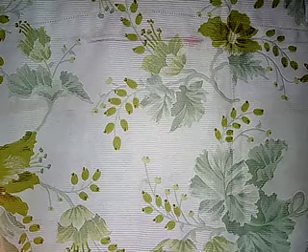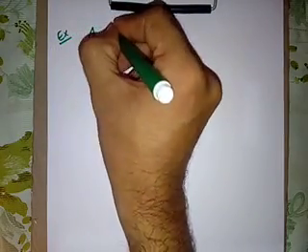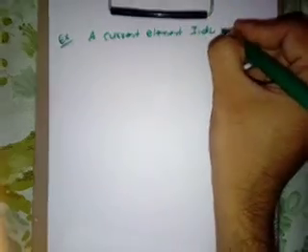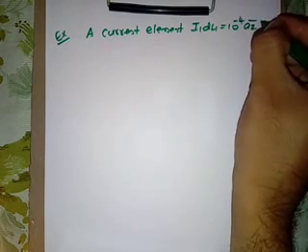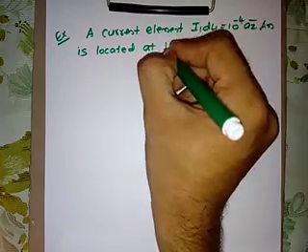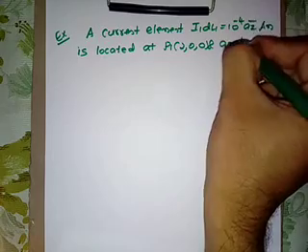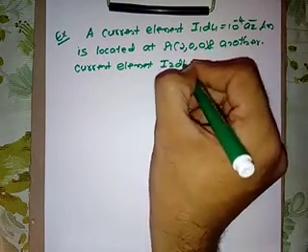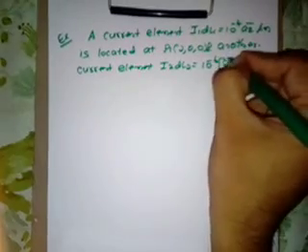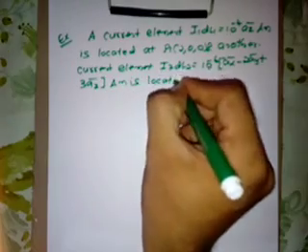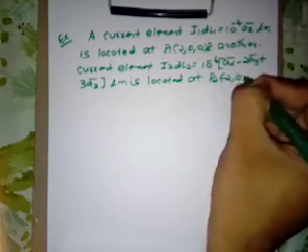Take this example. Example, a current element I1 dl1 is equal to 10 raised to minus 4 Az bar ampere meter is located at P1 of 2, 0, 0, and another current element I2 dl2 that is equal to 10 raised to minus 6 into Ax bar minus 2 Ay bar plus 3 Az bar ampere meter is located at P2 of minus 2, 0, 0.